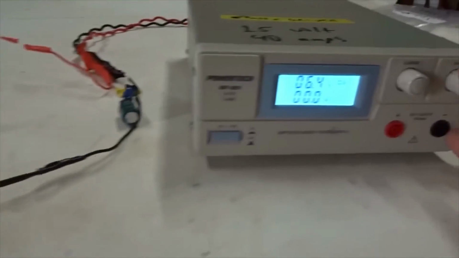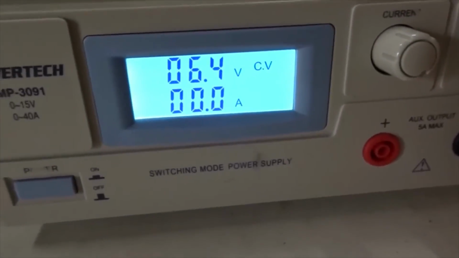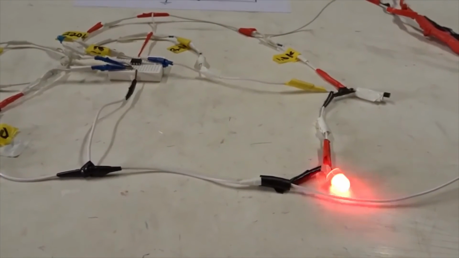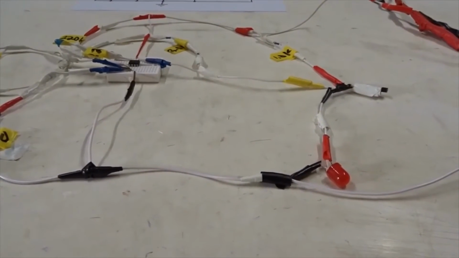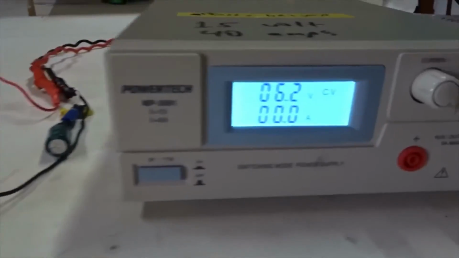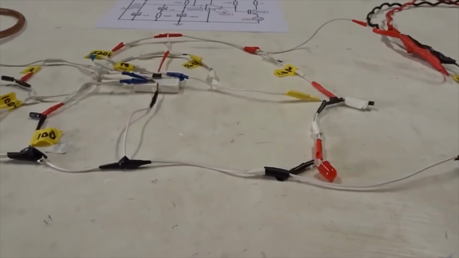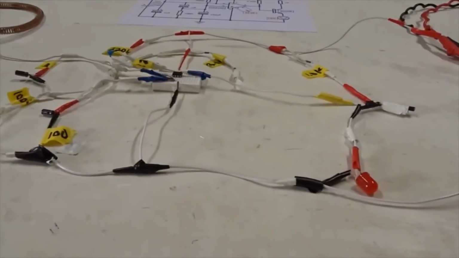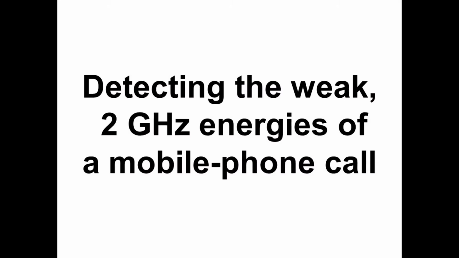And you see it turns on at 6.4 volts. So now I'm going to turn it back down again, just a little below the strobe voltage, 6.3, 6.2, and it stopped strobing. Now the strobe is ready to go. We just need a tiny bit of energy into our antenna over here from the mobile phone to set it off and trigger the light again.